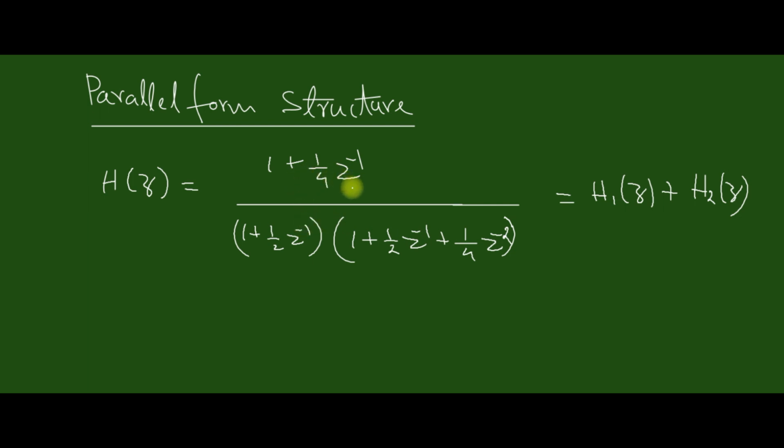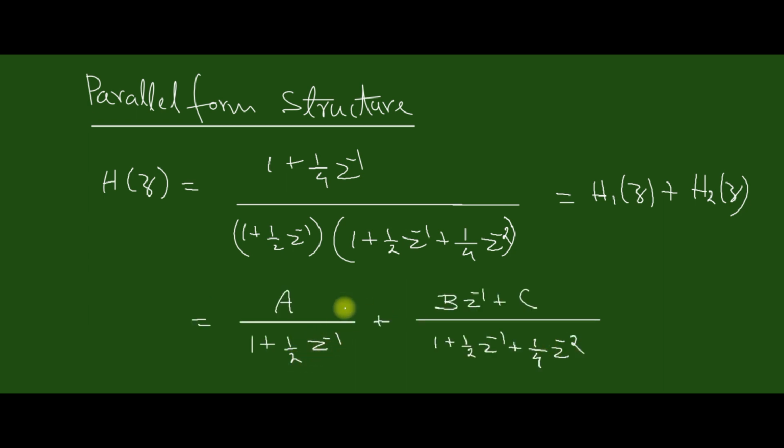Here the denominator order is higher than that of the numerator, so we can directly apply the partial fraction expansion as A by the first term, then (B z inverse plus C) by the second order term. Now we can solve for the constants A, B and C.